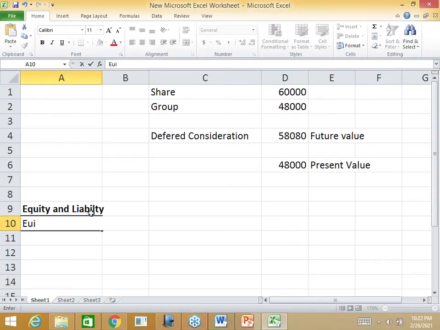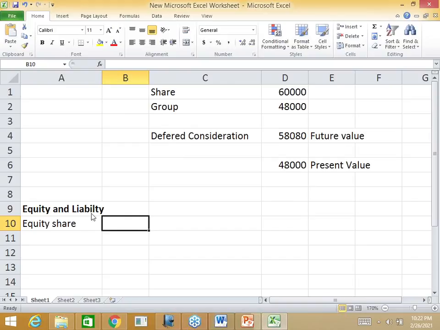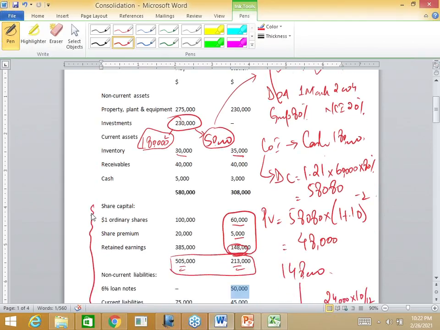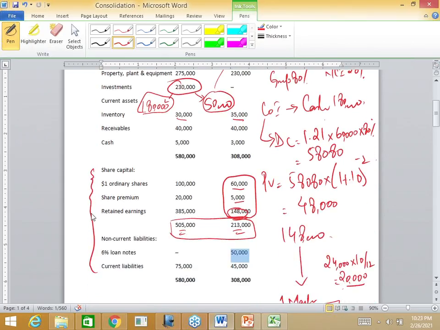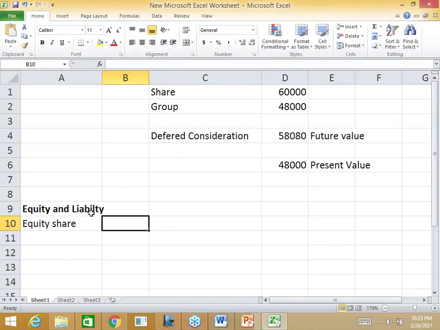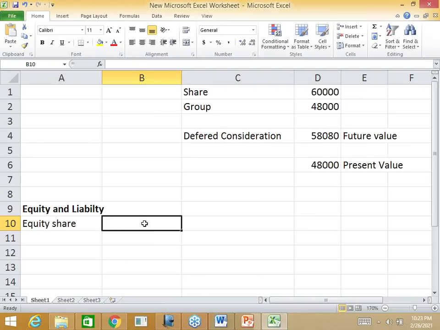Equity shares: only the parent company share capital should be reported, which is 1 lakh. If you do not have any working for this, you can only write this 1 lakh.